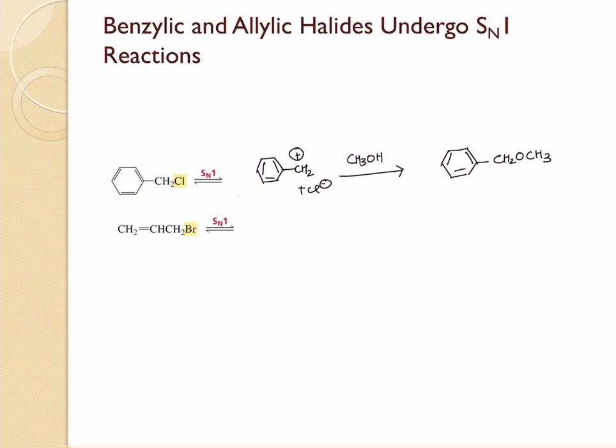in which case again the Br minus is going to leave. Once it leaves, it's going to form the carbocation, the allylic carbocation, which will be resonance stabilized. And here is the other resonance contributor for the allylic carbocation.